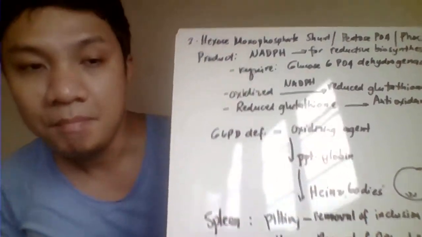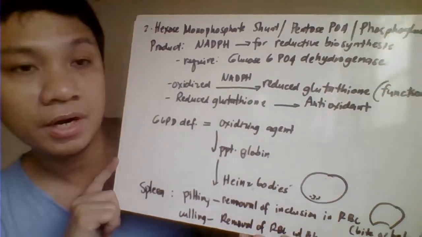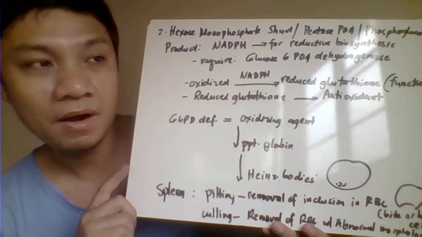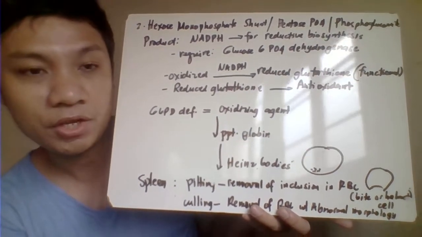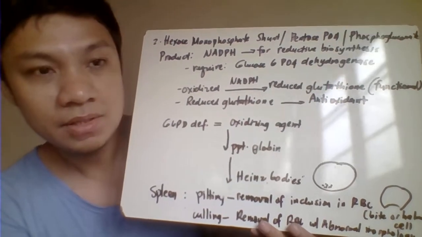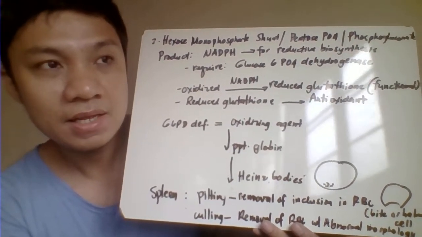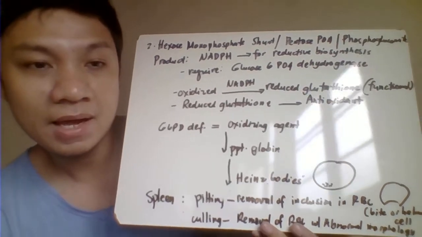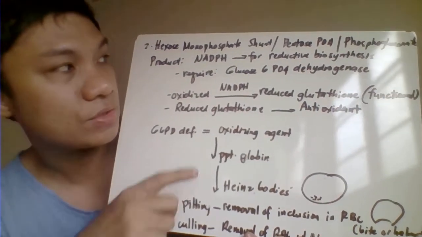Okay, the next metabolic pathway we have here is your Hexose monophosphate shunt pathway, or your pentose phosphate pathway, or your phosphogluconate pathway. This pathway is needed here to convert your glucose 6-phosphate into your byproduct NADPH.